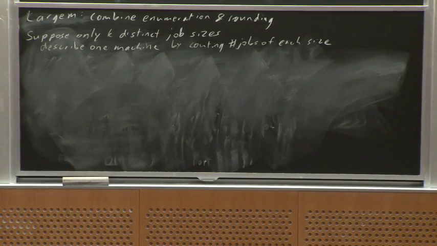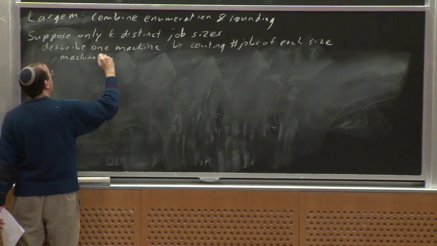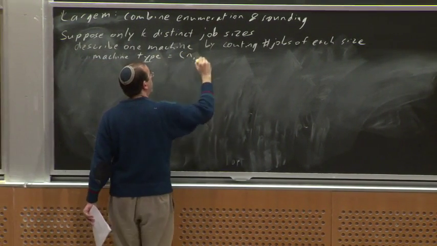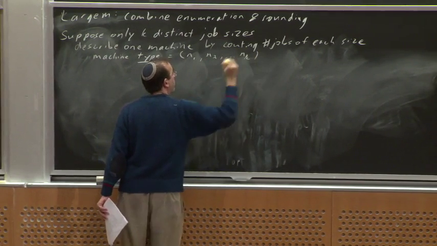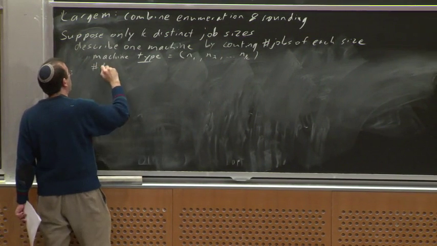Instead of specifying exactly which job goes on which machine, I just need to count the number of jobs of each size on a machine. So I can define a machine type, which is equal to some number of the first size jobs, some number of the second size jobs, up to some number of the kth size jobs. Now, how many machine types are there?